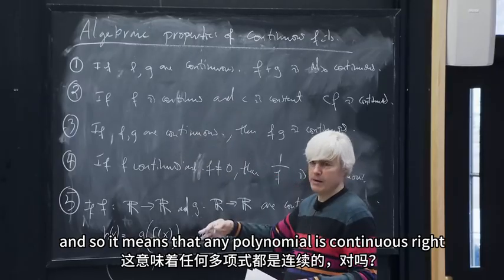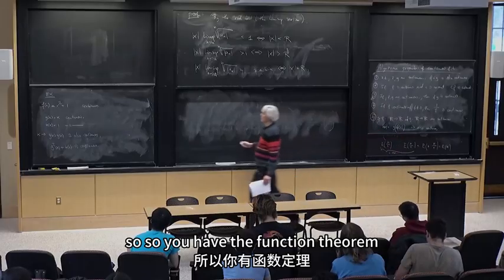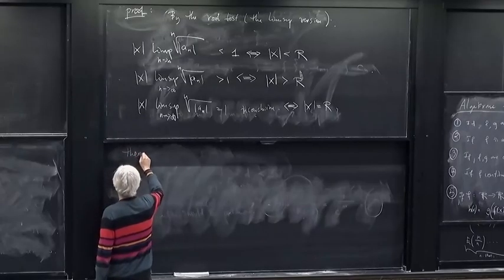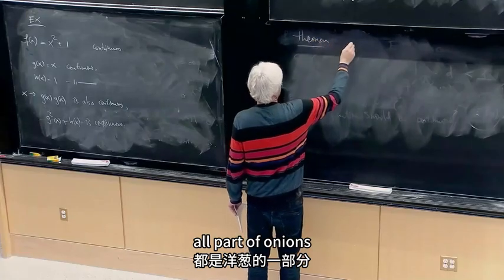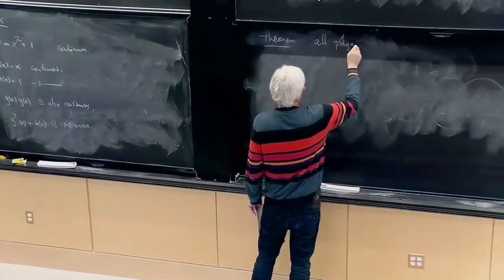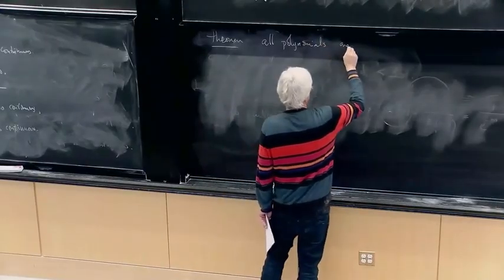And so it means that any polynomial is continuous. So you have the following theorem. All polynomials are continuous.